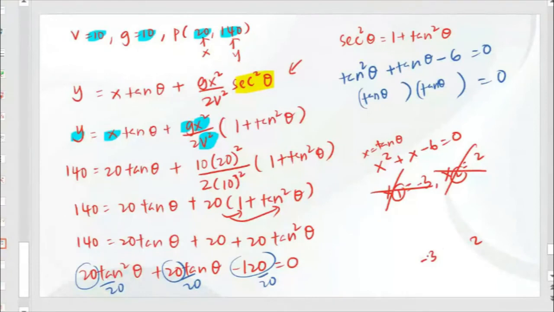So once you get your answer, you don't write x1 equal to negative 3. You write x only. Okay, x equal to negative 3. If the question is tangent, then you write tangent theta only. You don't write x1, x2. You write x equal to negative 3, x equal to 2.